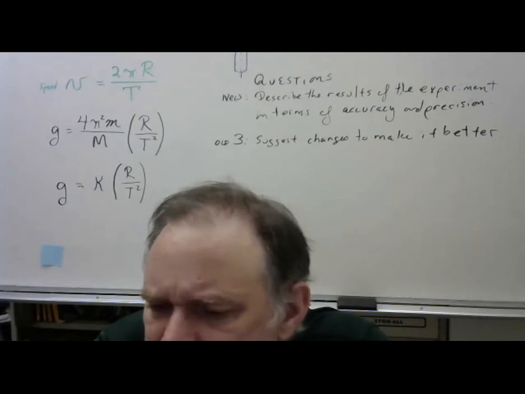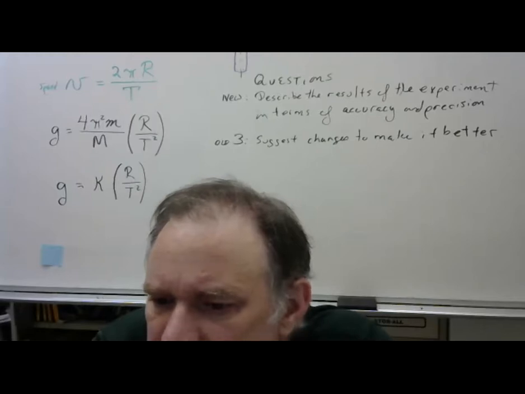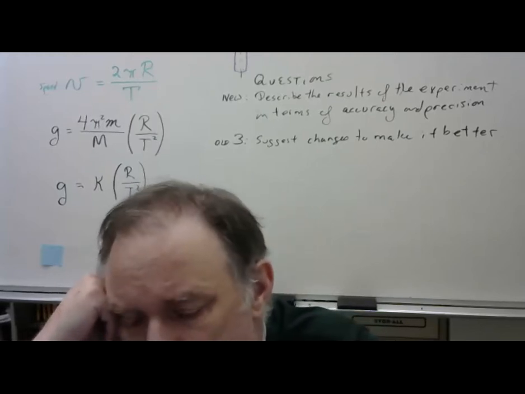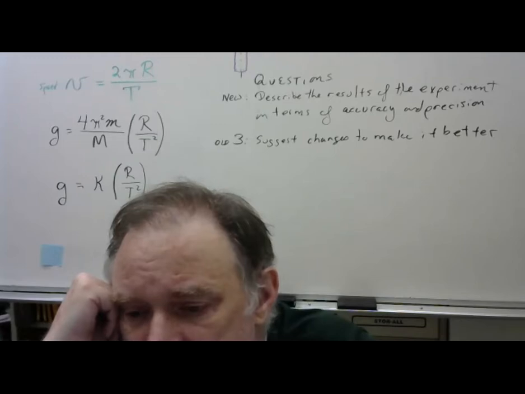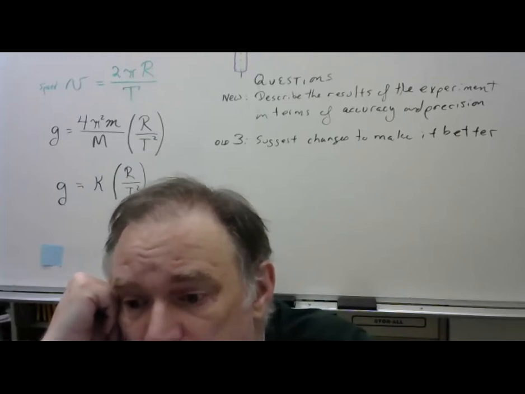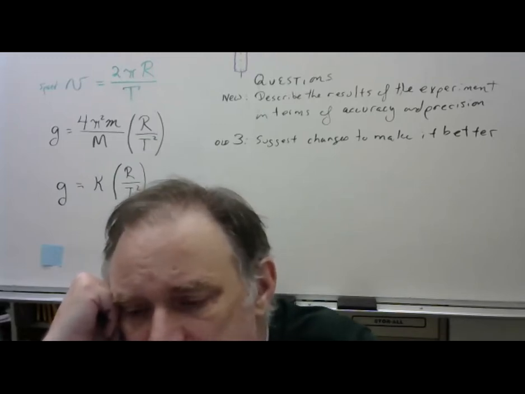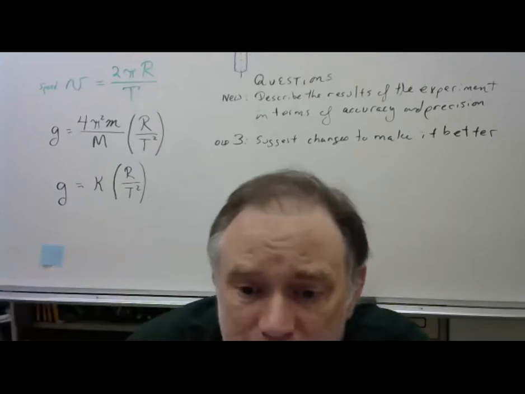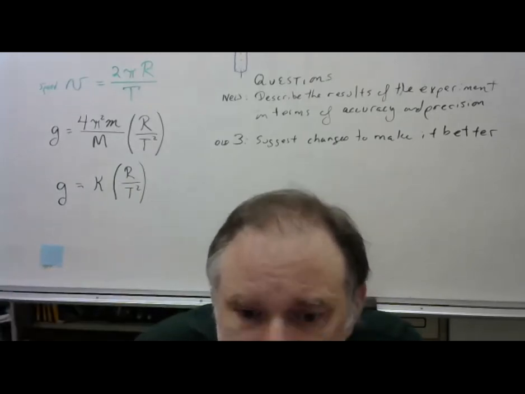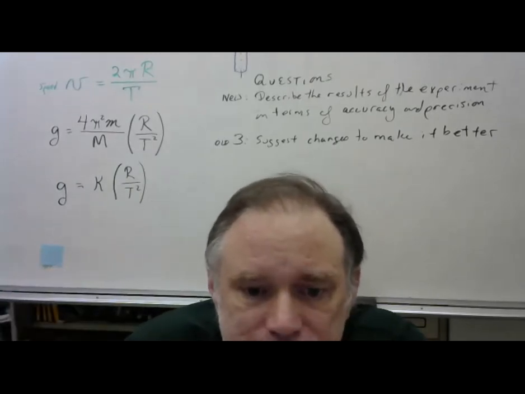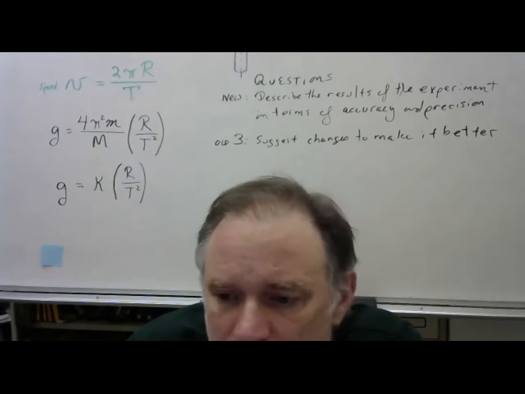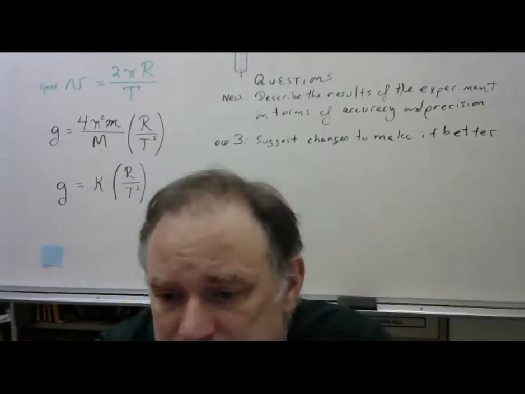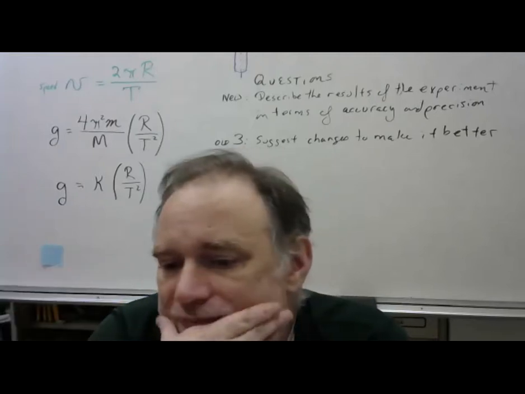That's for the accepted value of G. For your value of G, the experimental value of G, you use your average value of G. In other words, every one of those things that I calculated on that line here, let me show you. Okay, so you use your average G, and then for the sigma, you use the sigma G. There you go.